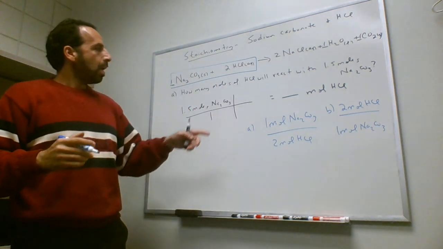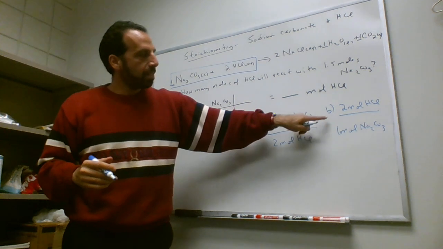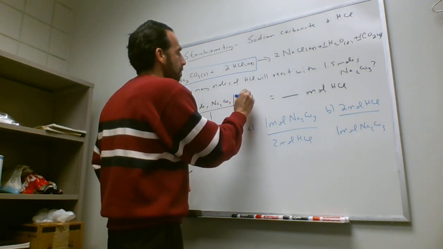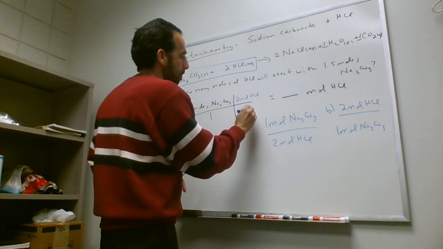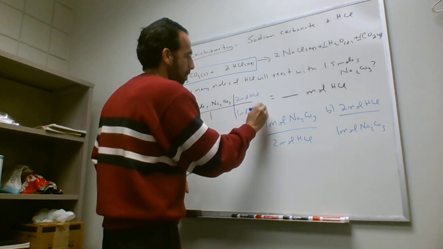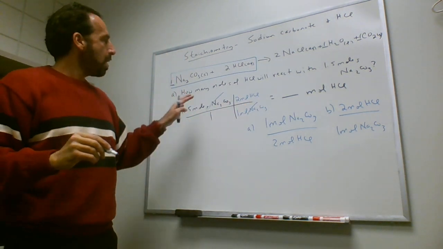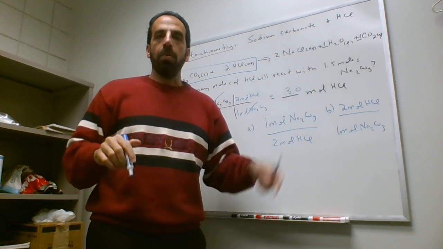So again, I need to be left with moles of HCl, so I'll use that second unit factor. My moles of sodium carbonate cancel, and it's going to require 3 moles of hydrochloric acid.